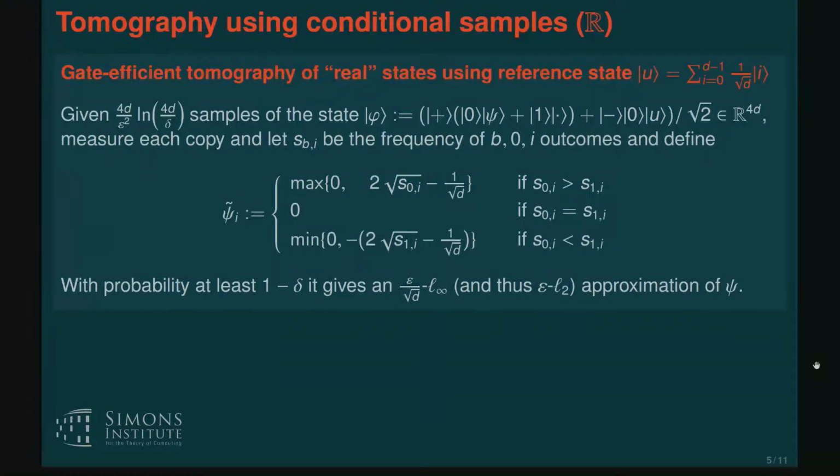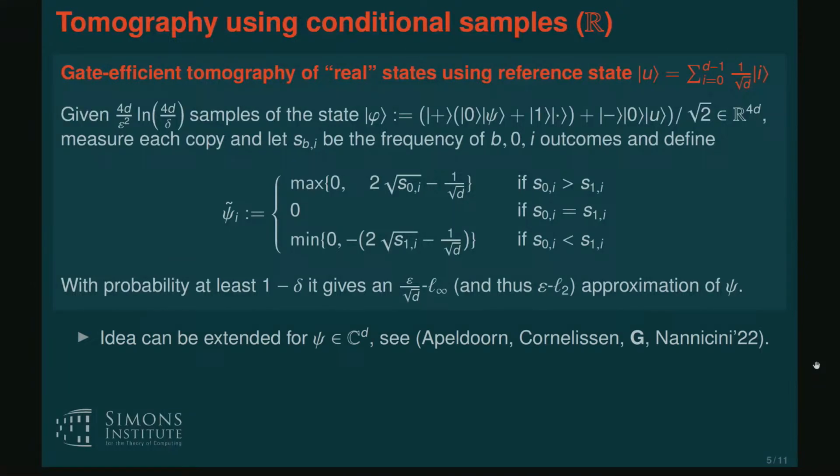Then, depending on that, I can decode the sign of the amplitude. So this is a slight extension of the previous one. I don't only recover the absolute value of an amplitude, but also the sign information by comparing to this reference state. That's the key idea of this improvement.